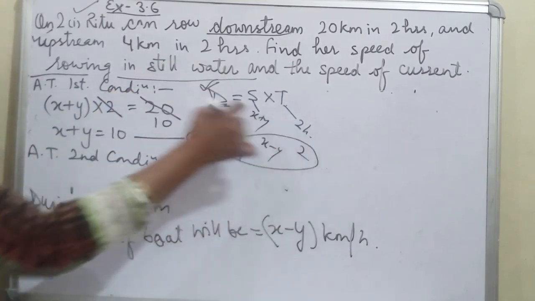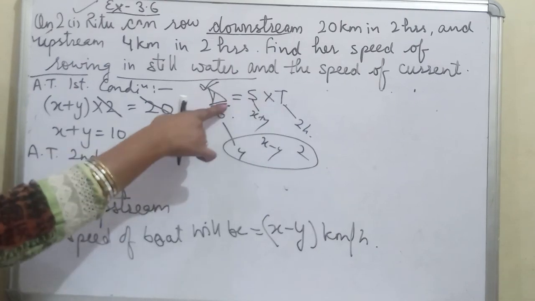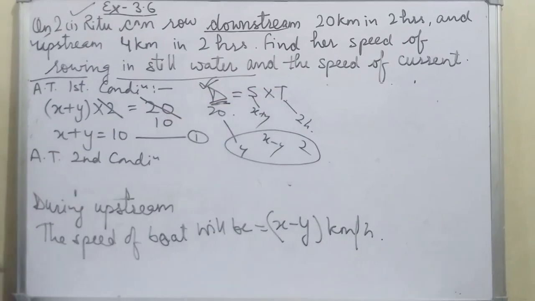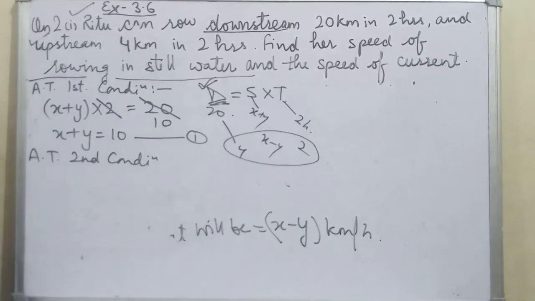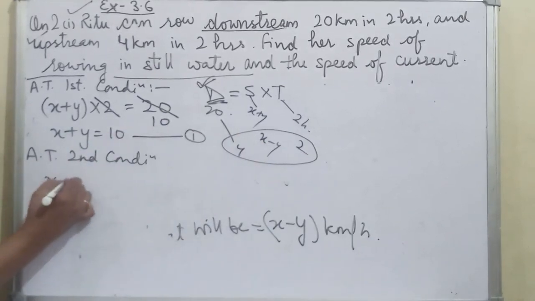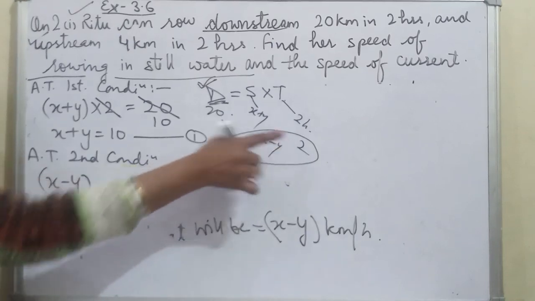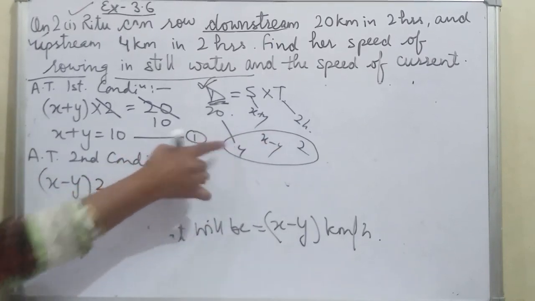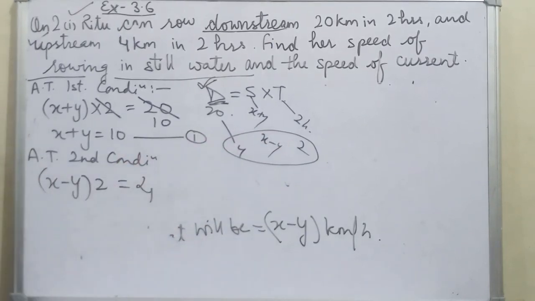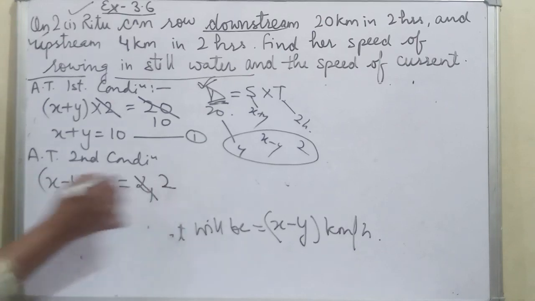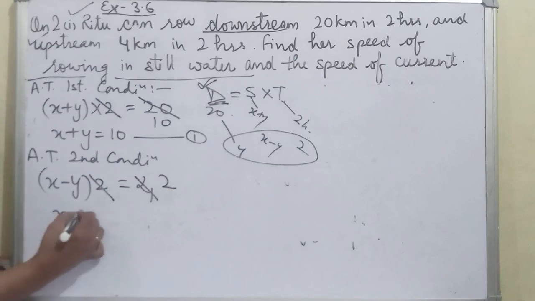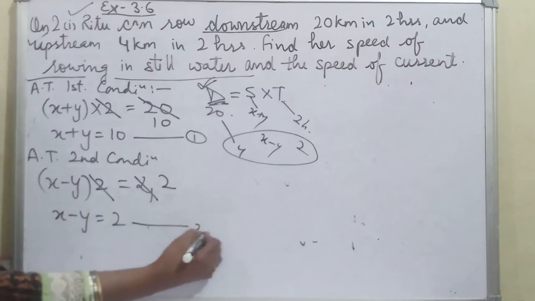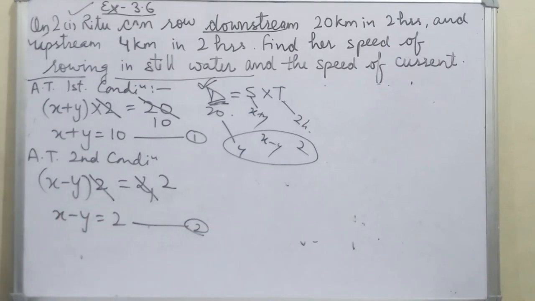So d equals s into t, distance equals speed into time. Again you can cancel out, 2 twos are 4, and it will be x minus y equals 2, and this is the second condition.